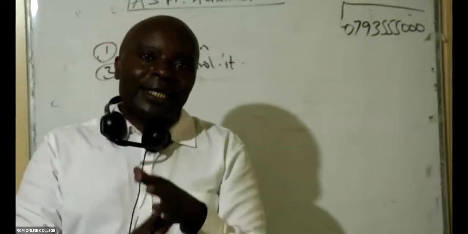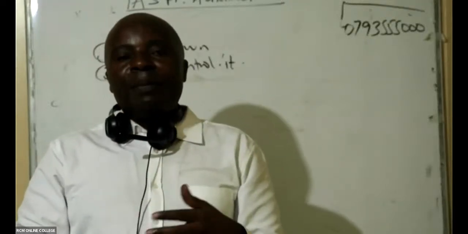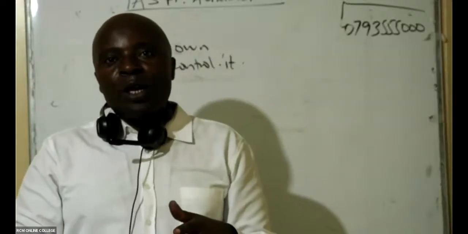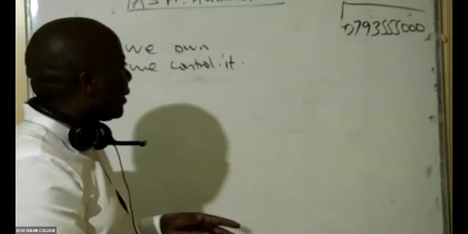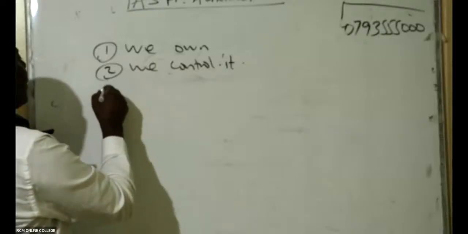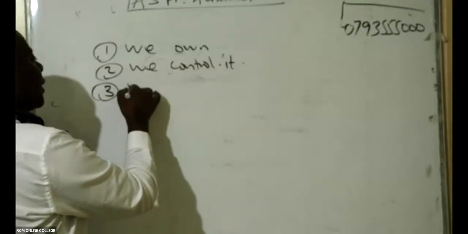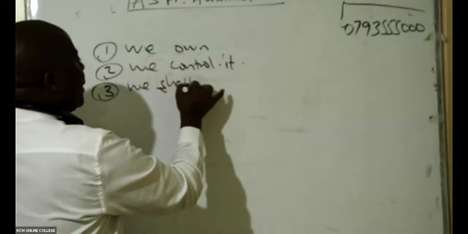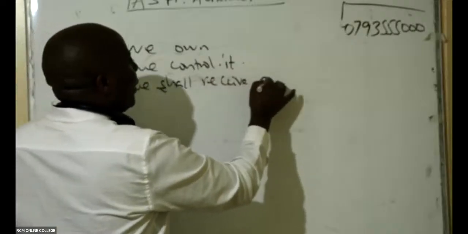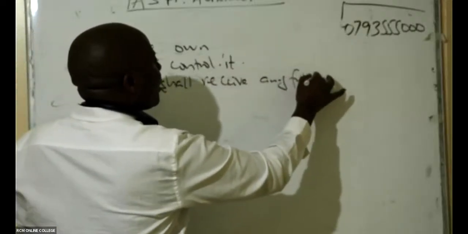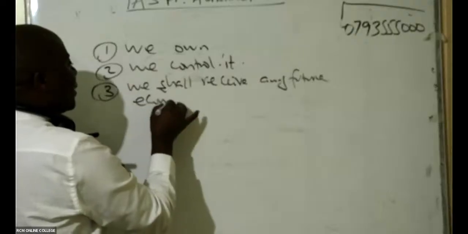So number one, the asset must be yours. Number two, you must be able to control it. And then number three, we shall receive any future economic benefits from the asset.